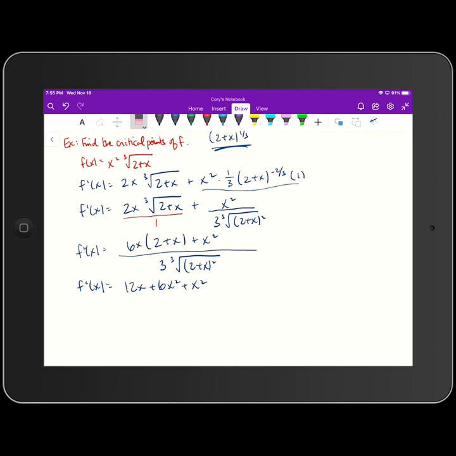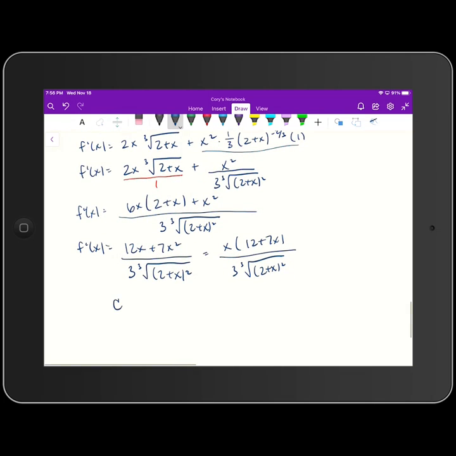If you don't mind, I'm just going to combine that into 7x squared, all over 3 times the cube root of 2 plus x squared. And then all I need to do now is factor an x out of the numerator, which leaves me with x times 12 plus 7x over 3 times the cube root of 2 plus x squared.